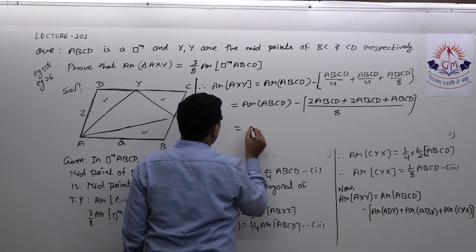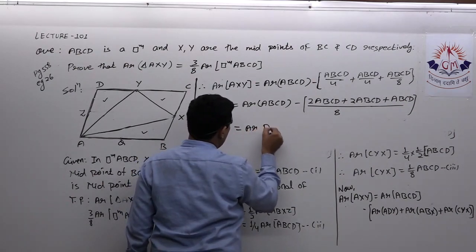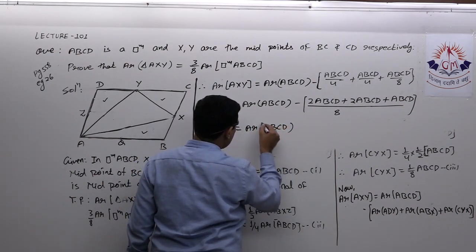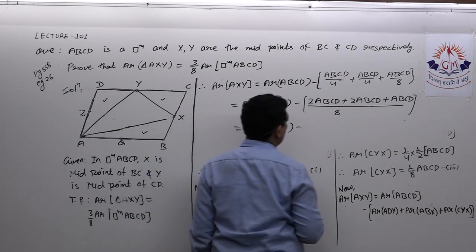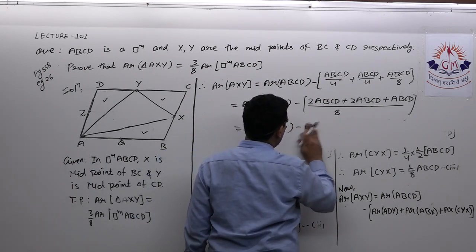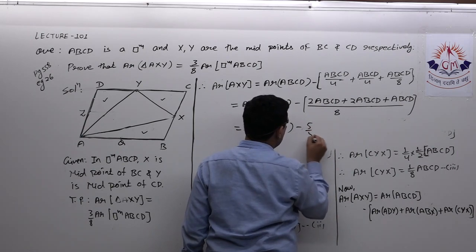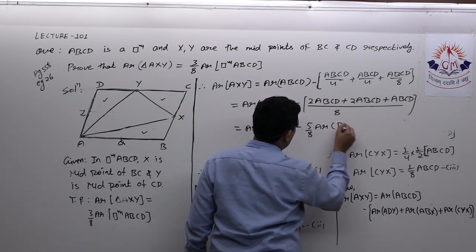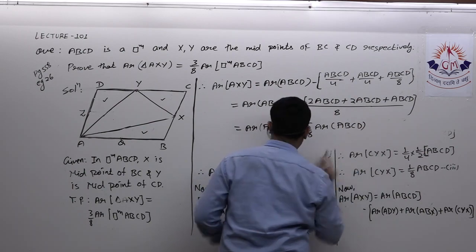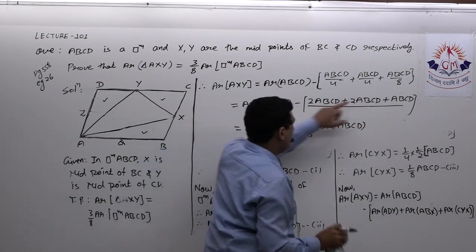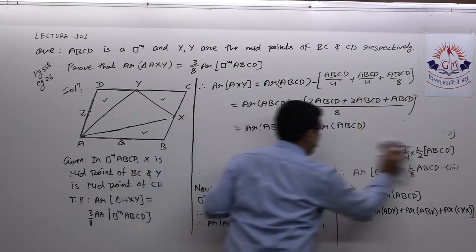Okay, so required result is area ABCD minus 5 by 8 area ABCD. Okay, 2 plus 2 plus 1, so 5.